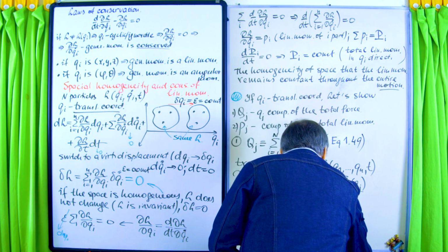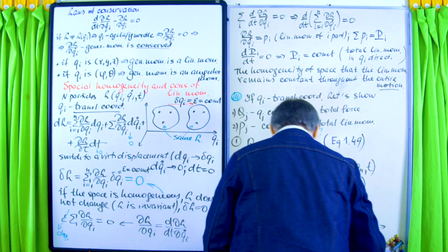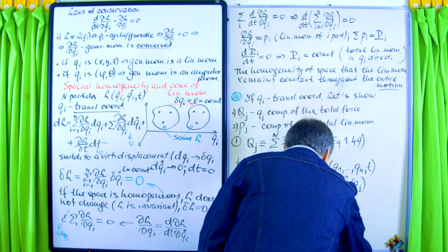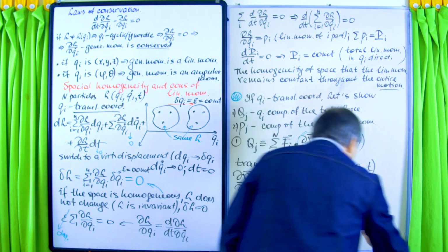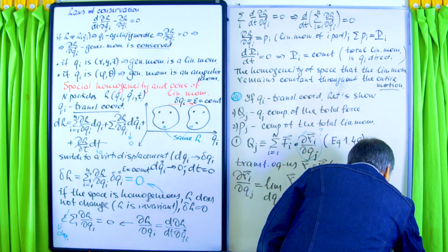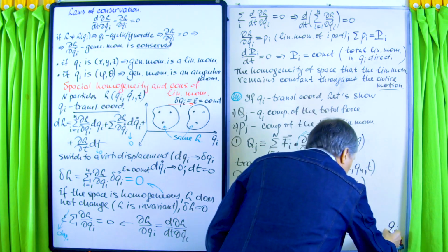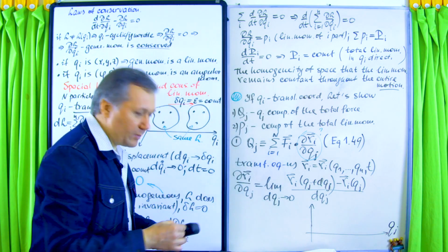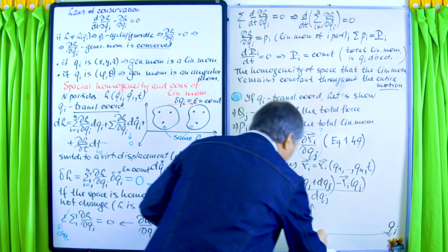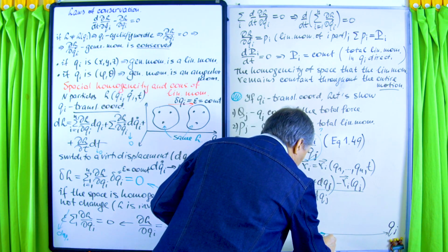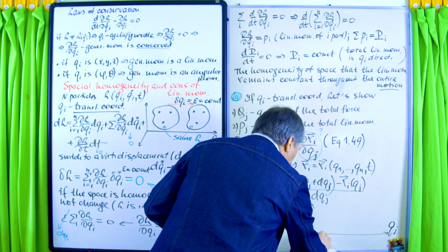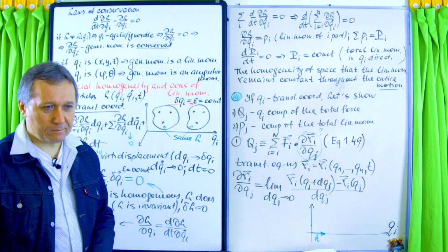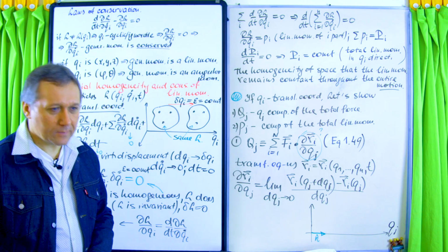All right, so let me draw it a little bit lower. So this is the qj direction, and maybe there's some unit vector in that direction, let's call it n hat.